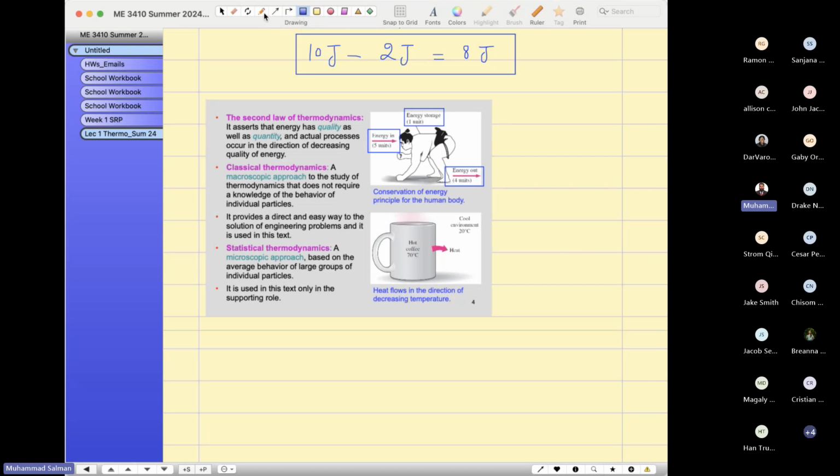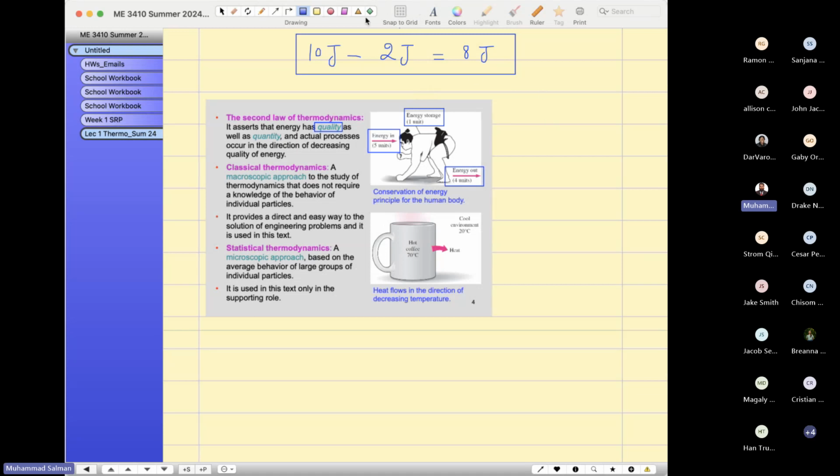The second law states that quality is the property by which we can judge that energy is being lost due to friction, or that we have to have a certain kind of energy loss.